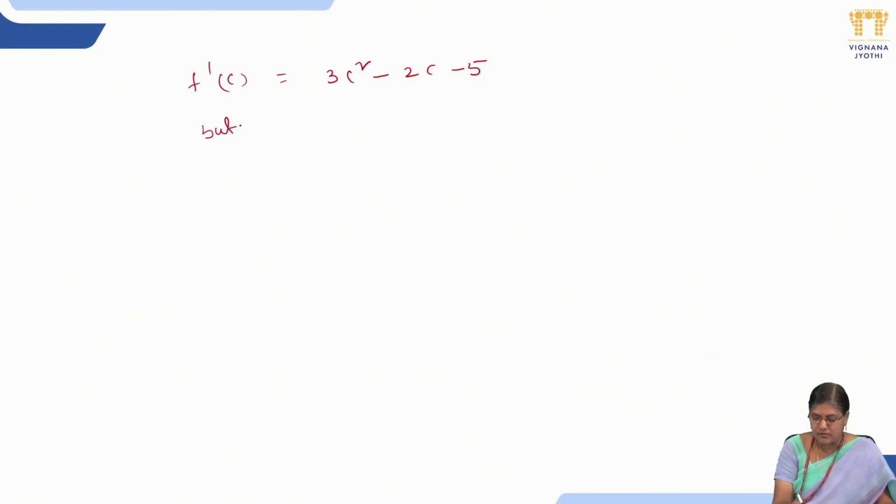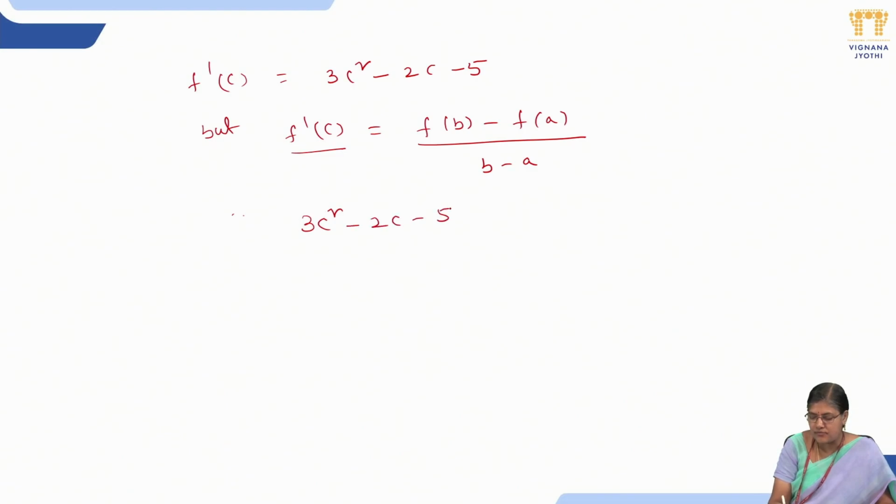But f dash c formula is f of b minus f of a divided by b minus a. Therefore, substituting f dash c value in this, we have 3c square minus 2c minus 5 is equal to f of b, here b is 4, minus f of a, which is 0, by b minus a, 4 minus 0.